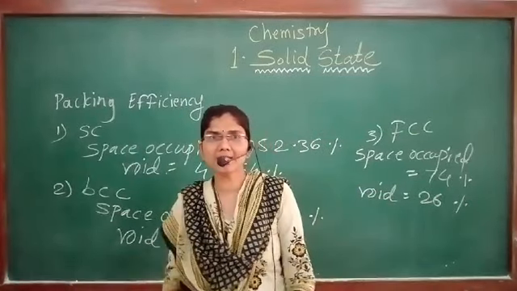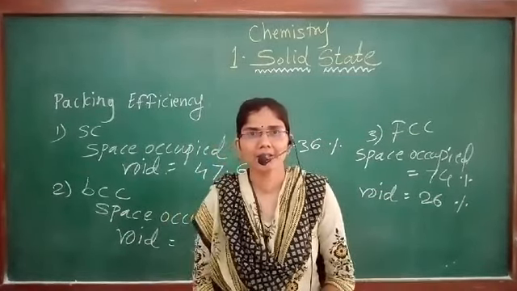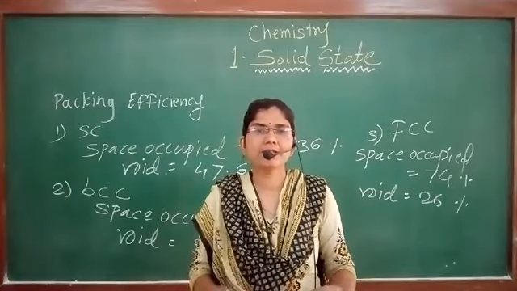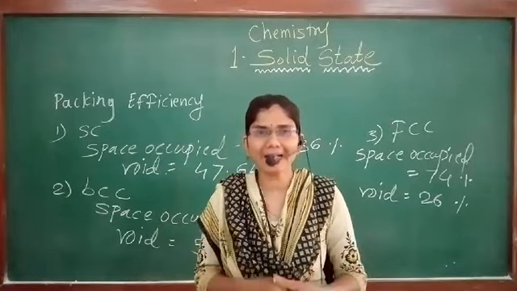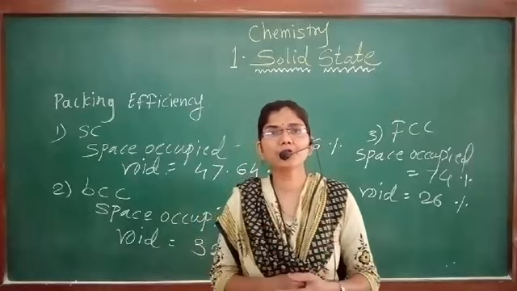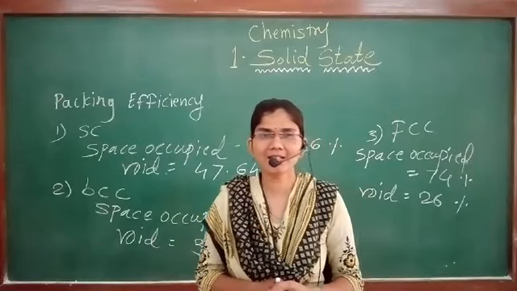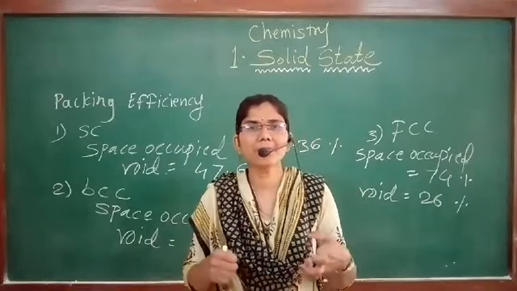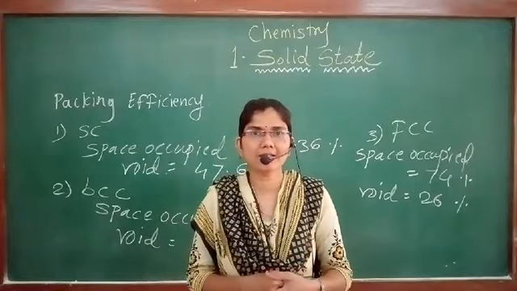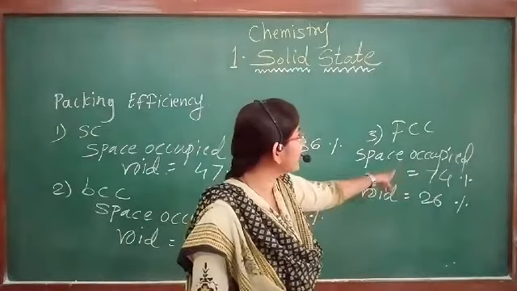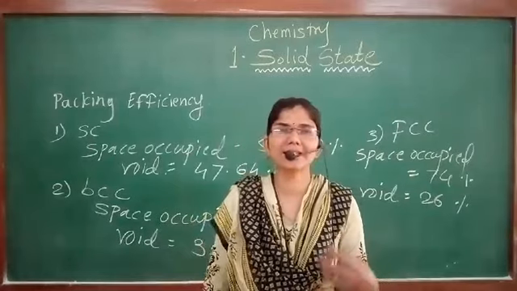So from these we see which crystal structure is more compactly packed. The face centered cubic structure is very closely packed by the particles, because the space occupied is more and the void is less.